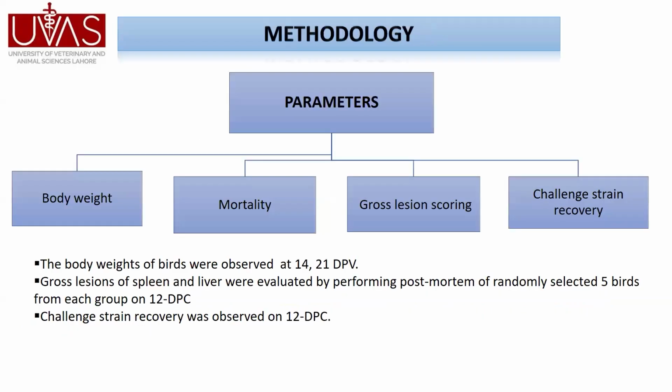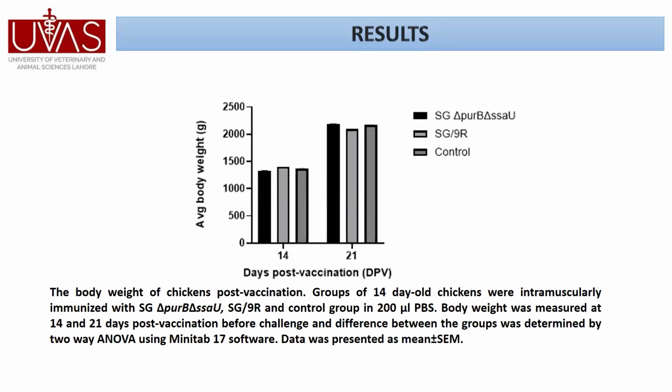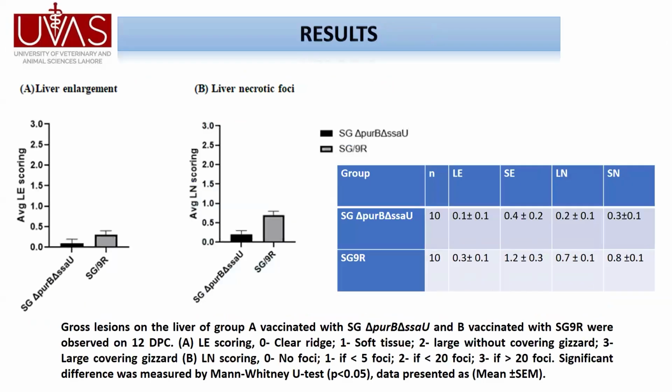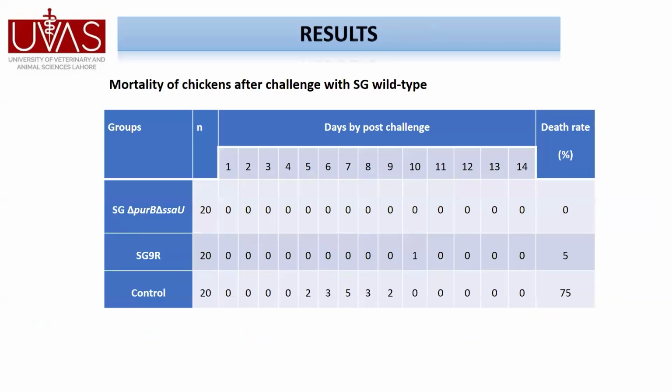And if you look into the different parameters of health, how these two vaccines affect the health of the bird, we were capable of showing that our vaccine is mild on birds when compared to the SG9R. If you look into that study, out of 20 birds, 1 bird showed mortality with this vaccine.